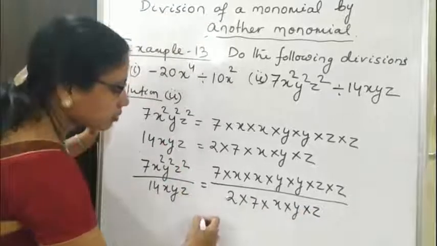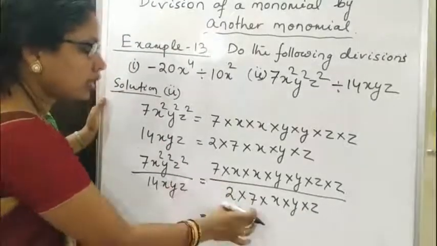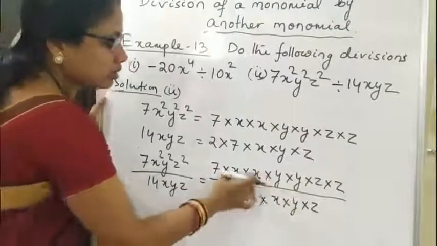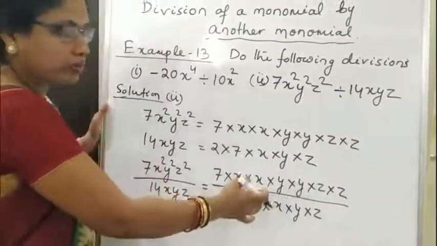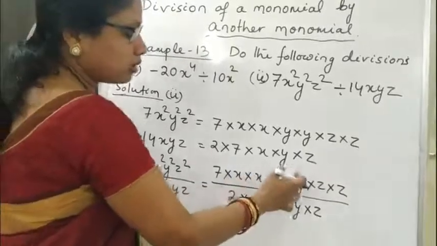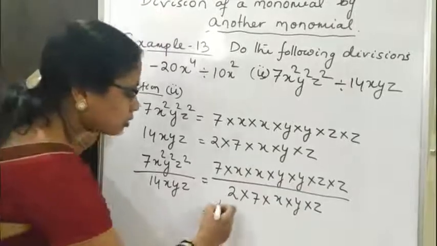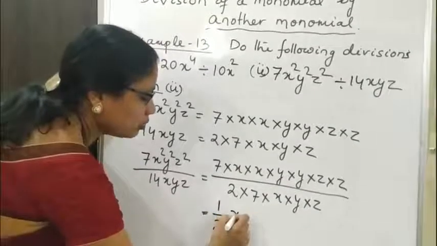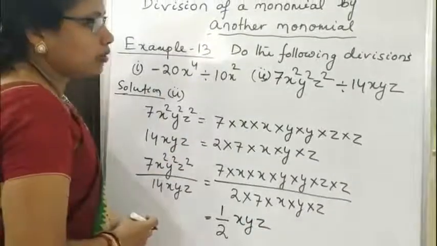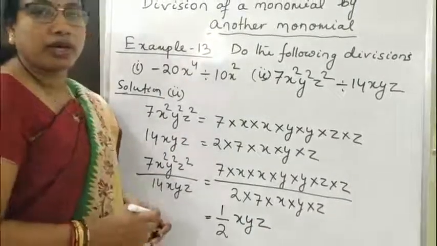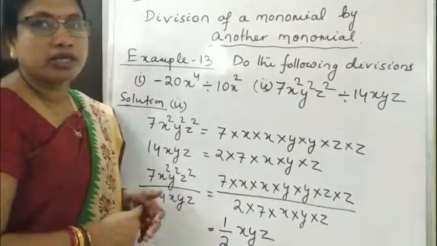So here 7 by 7 is 1, and x y z cancel. So the power of x will be 1, the power of y will be 1 and the power of z will be 1. So that is equal to 1 by 2 x y z. So in this way we can divide a monomial by another monomial by factorizing each monomial into its irreducible form.